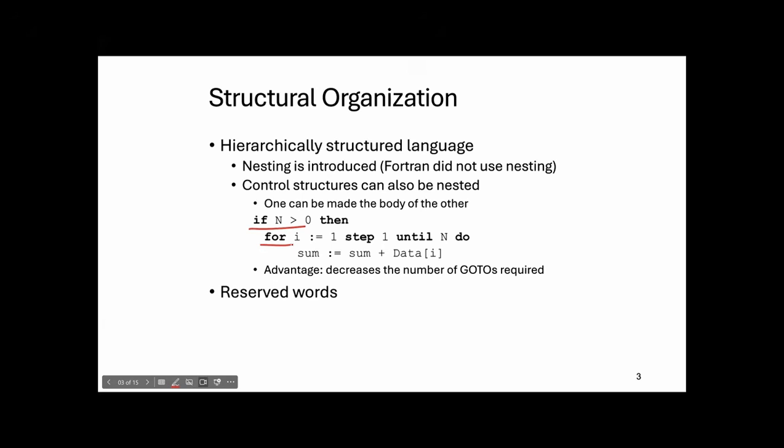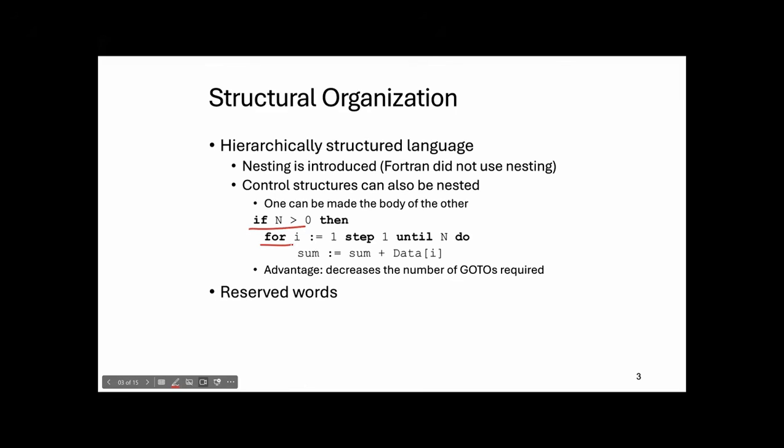That allows decreasing the number of gotos required. You don't have to have a lot of gotos inside the language now, because the control structures allow nesting. You can have an if condition inside the for, a for inside the if, and so on, which did not exist in Fortran. So Algol introduced that and made it different from how it was before in Fortran.